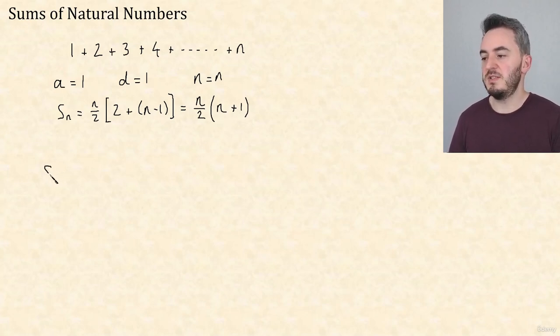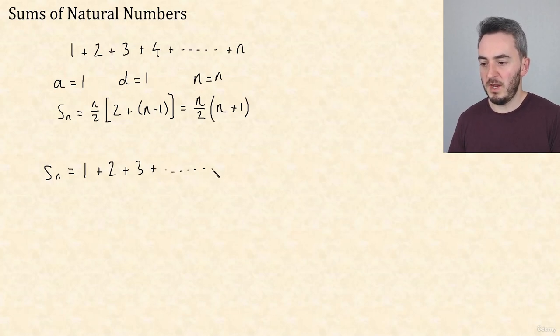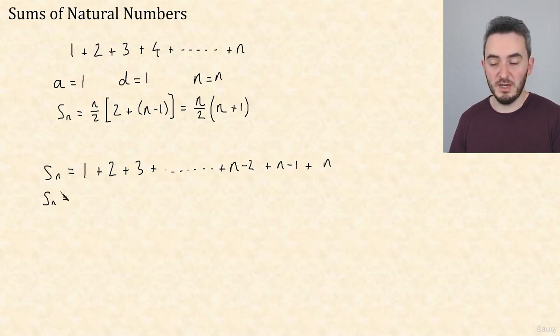Now, it's also quite nice to derive it without actually using that rule, and a nice way to do that would be to say the sum of the first n terms is 1 plus 2 plus 3 plus etc. all the way up to, well, up to n minus 2 and then n minus 1 and then n. And if we write this series backwards, it shouldn't change the answer.